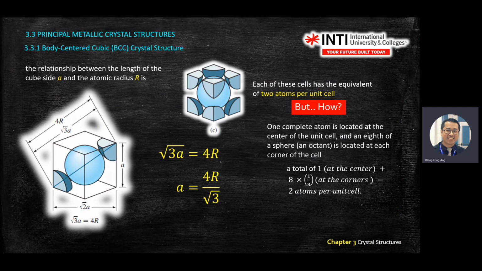We get A equal to 4R divided by square root of 3. When it comes to your tests and final exam, we assume you already know this relationship. There is a high chance we ask you to prove that particular number.